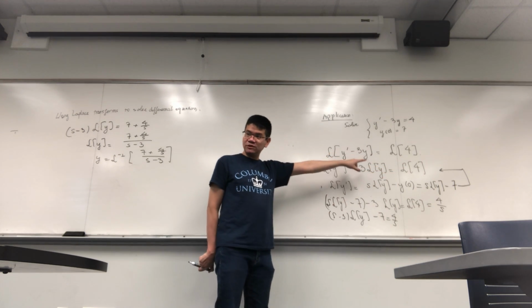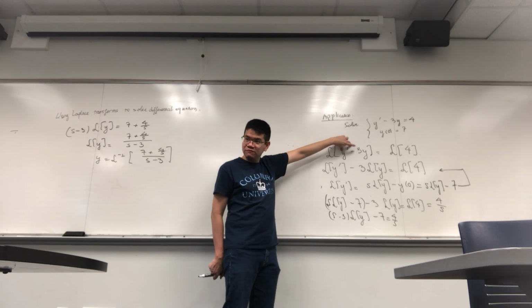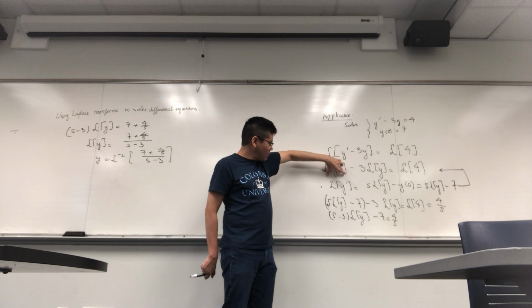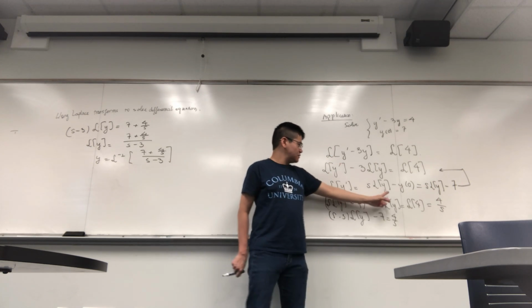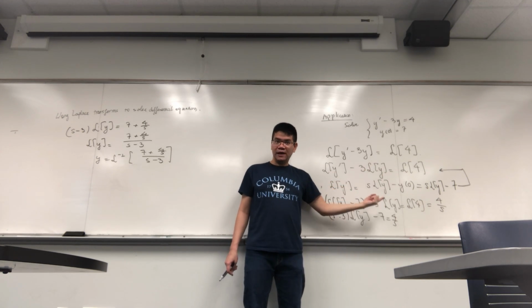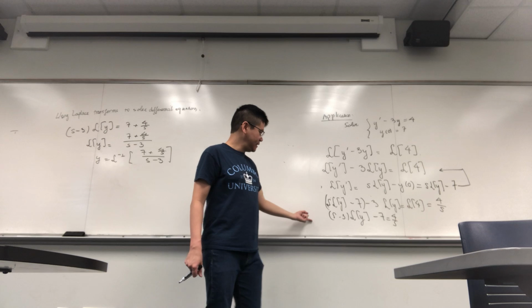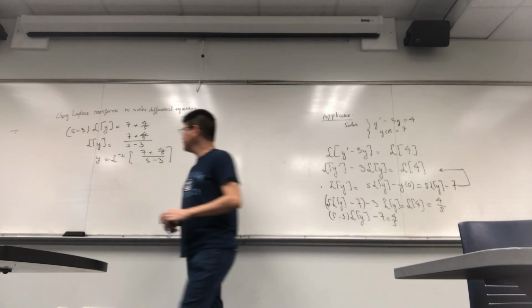When I do the Laplace transform of the derivative, the miracle is that the derivative goes away. That turns the left-hand side into a linear first order equation, and you can solve it.